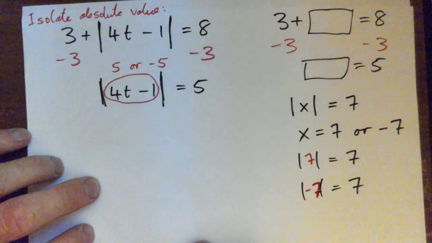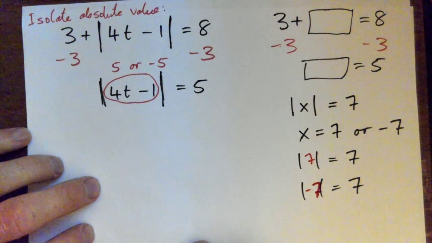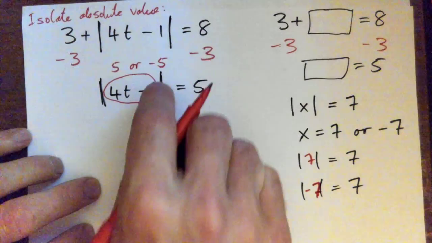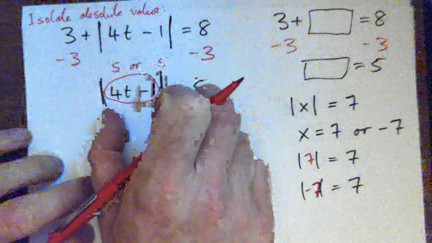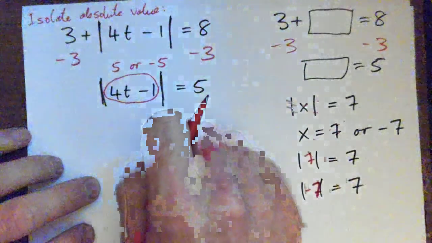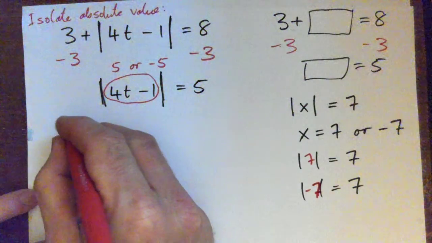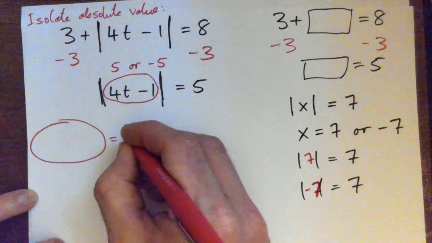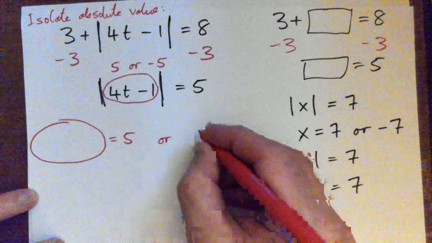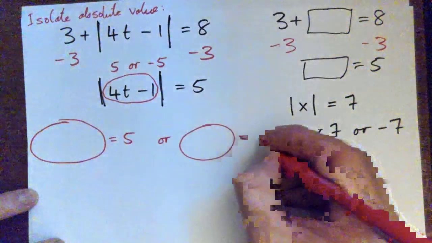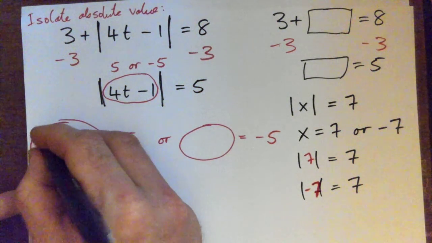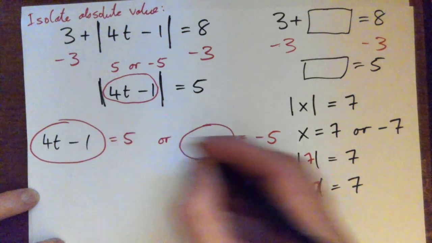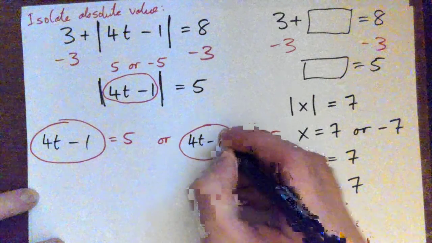Do we all agree with that? Because the absolute value of that would give 5, right? So we say that thing is 5, or that thing inside there is negative 5. And that thing is 4t minus 1. So we say 4t minus 1 is 5, or 4t minus 1 is negative 5.